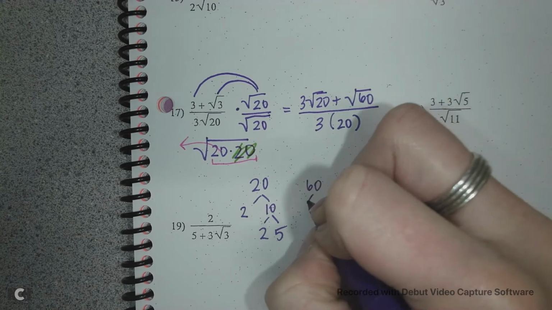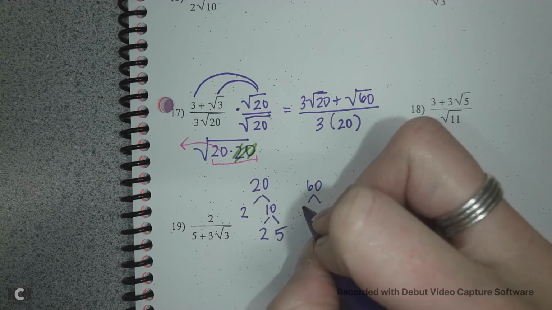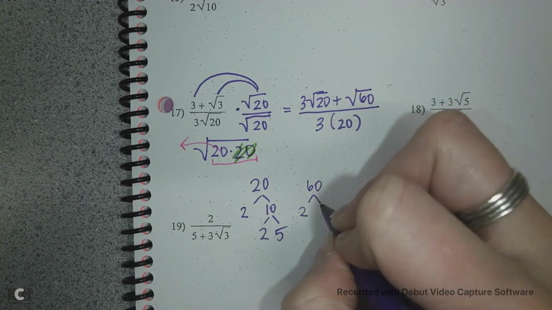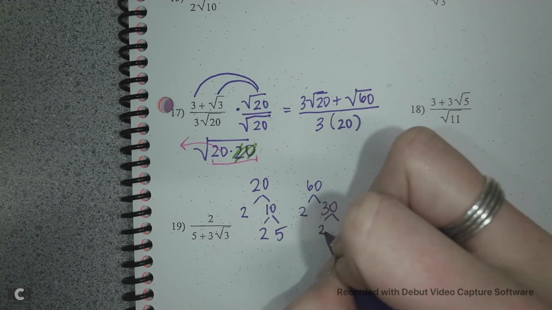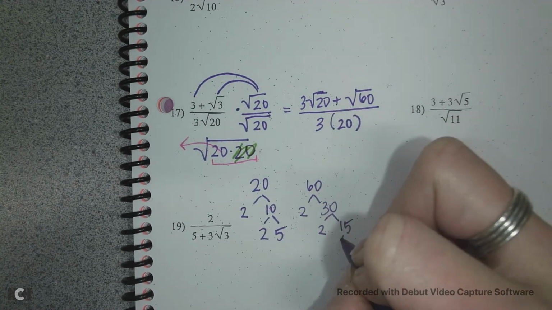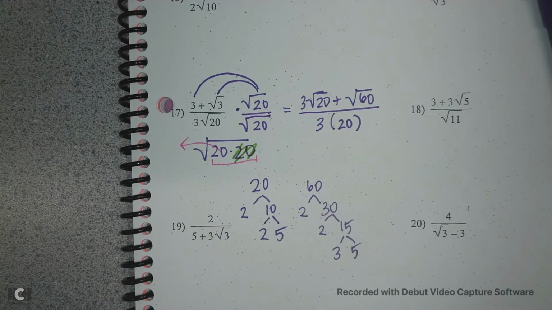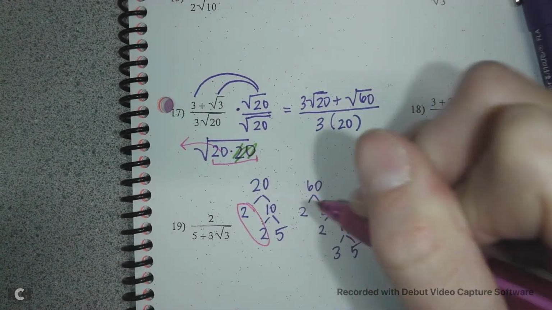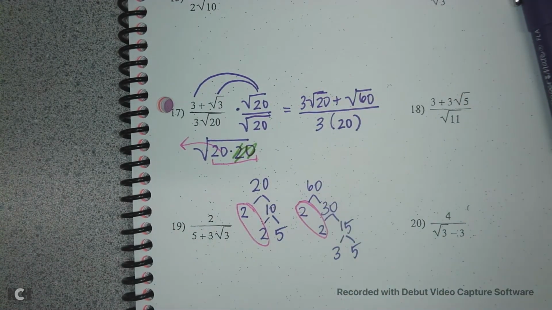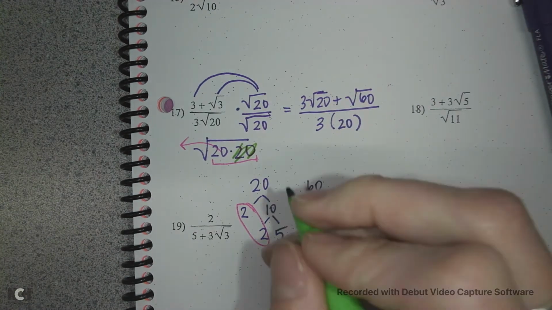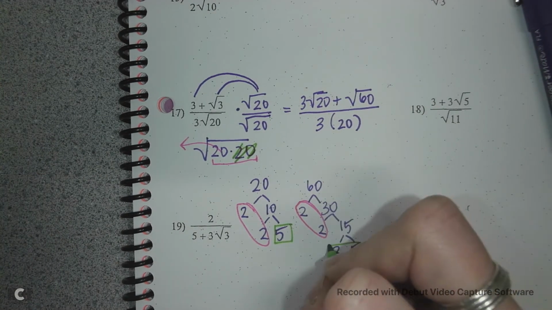And then 60 is what? 2 and 30, which is 2 and 15, which is 3 and 5. Okay, so I have pairs of 2 and 2, and then this is what will be left underneath my radical.